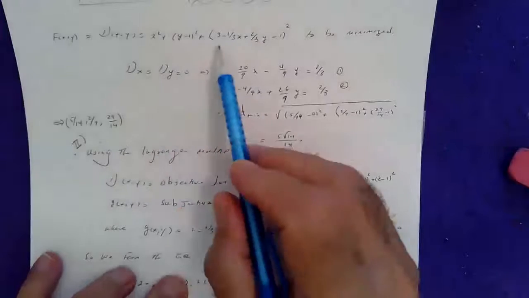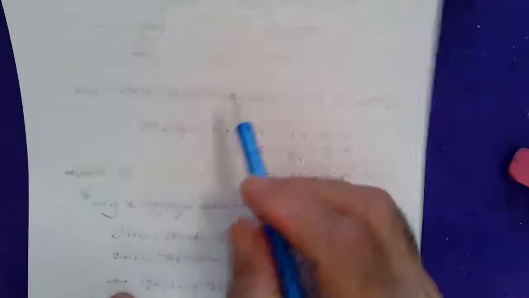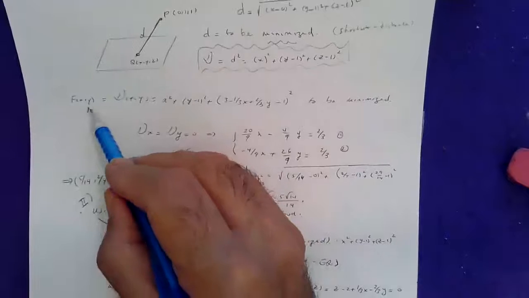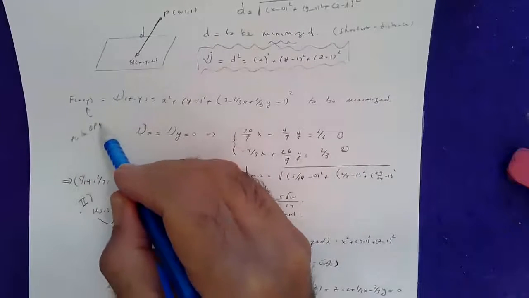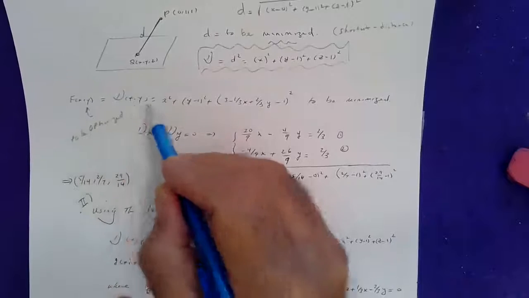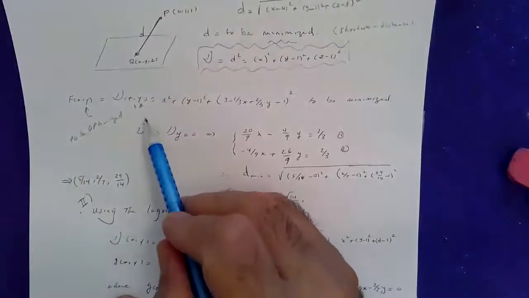So you remember what we did. We took the partial derivatives of this objective function, but before we did that, we made sure the function which is going to be optimized is in terms of 2 variables. Remember, the D-test does not apply for a function of 3 variables. It's only 2 variables, right?